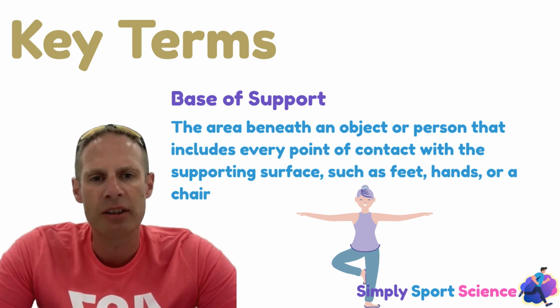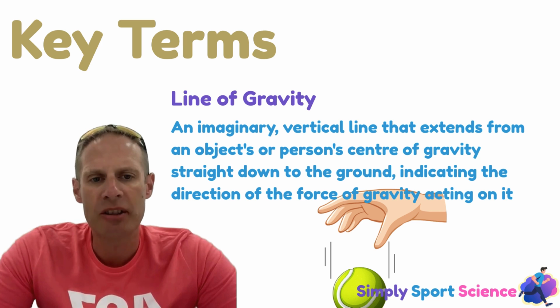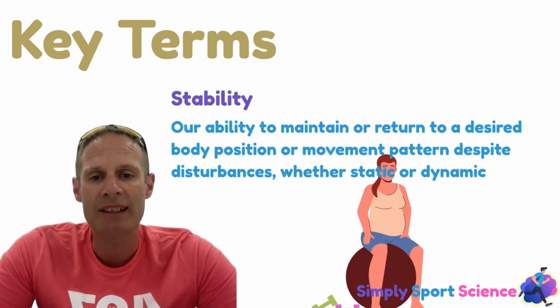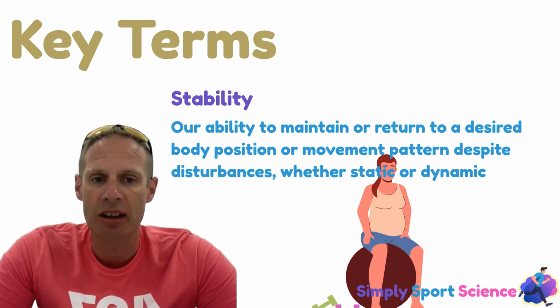Stand on 2 feet, your base is wide. Stand on one, and it narrows. Line of gravity. Imagine a vertical line running straight down through your centre of mass. To stay balanced, this line must fall within your base of support. And stability. How resistant are you to losing balance? A wide stance or a low crouch both increase stability.